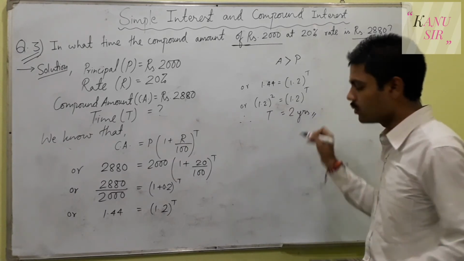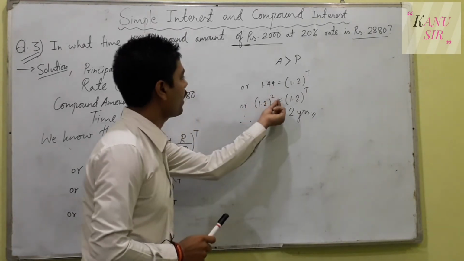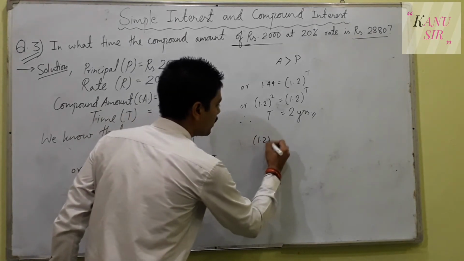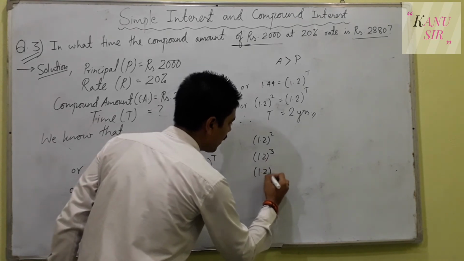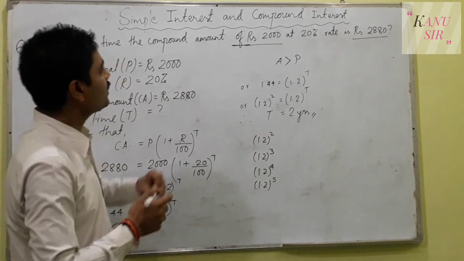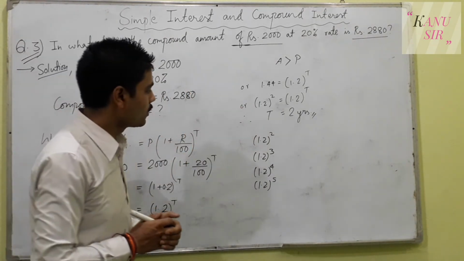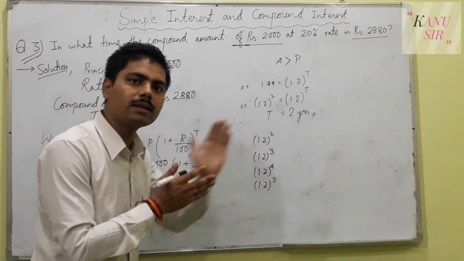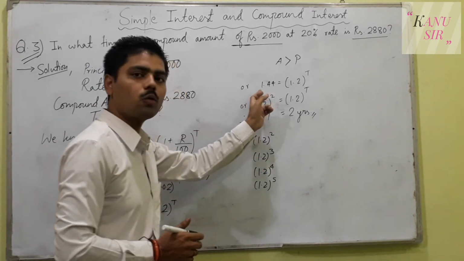Now you will have a question in your mind, how can we remember that the power will be 2? Then you can check 1.2 to the power square, 1.2 to the power 3, 1.2 to the power 4, 1.2 to the power 5. Mostly the questions will not come more than 2, 3, 4 or 5. So you can check yourself in a calculator, and it is called hit and trial method. Means put the value yourself and take the answer from the question itself.